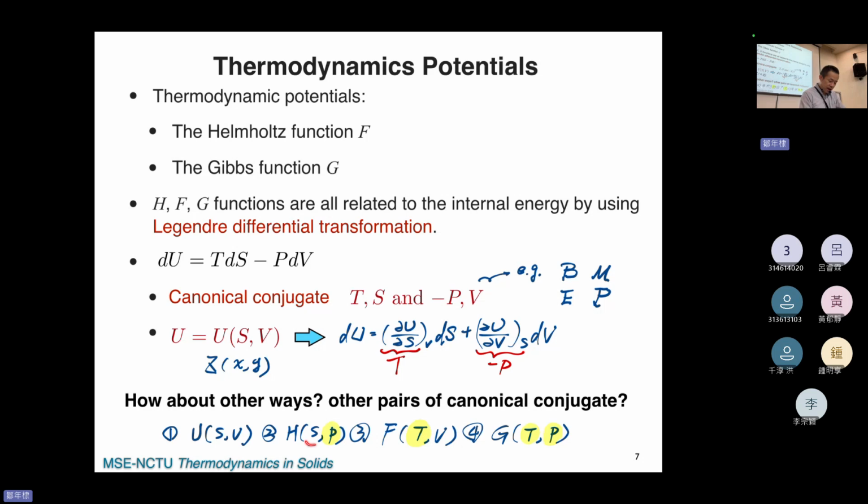But as you can see, the H and U are too difficult to keep constant in your experimental measurements. So the third one and fourth one, we like that because it's easier for us to control the experimental procedure.